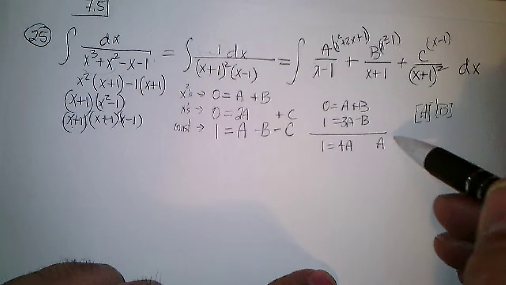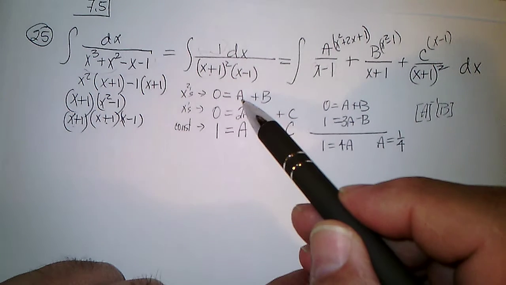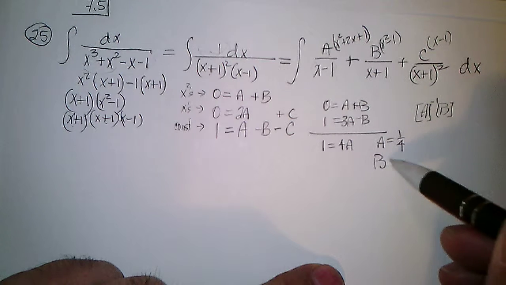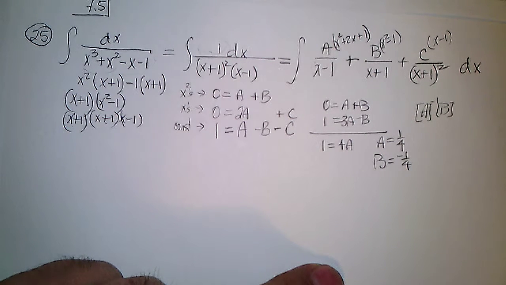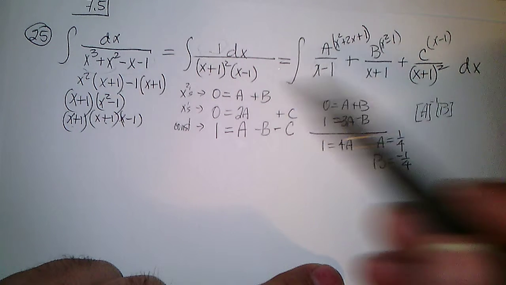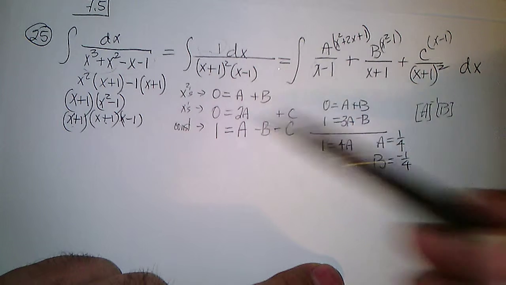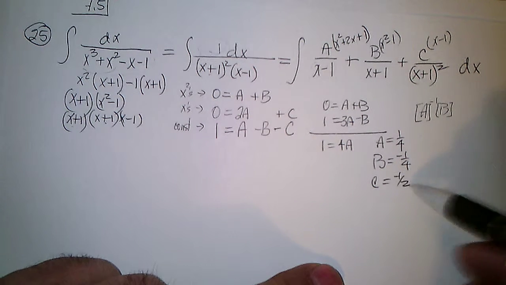So A would have to equal 1/4. If A is 1/4, B would have to be negative 1/4. And if A is 1/4, this would be a half. So C would have to be negative 1/2.